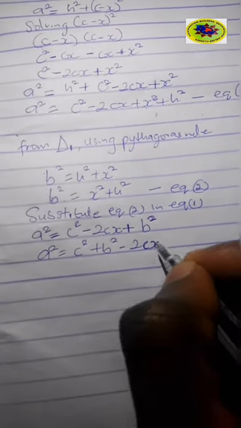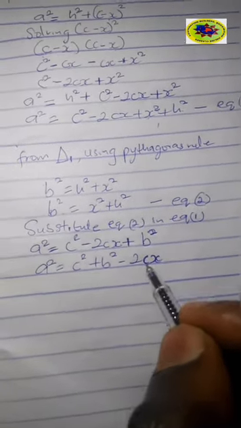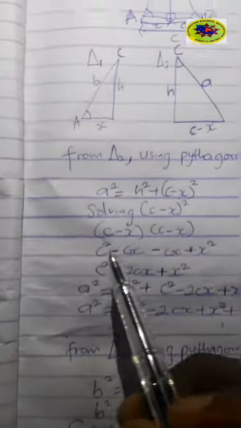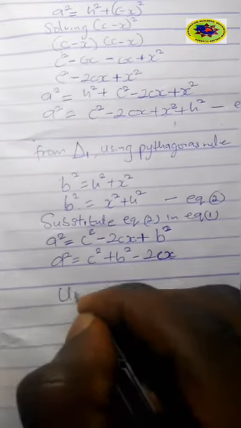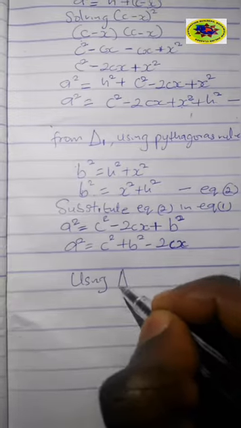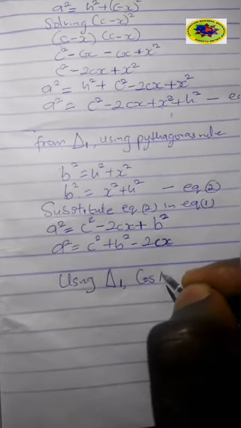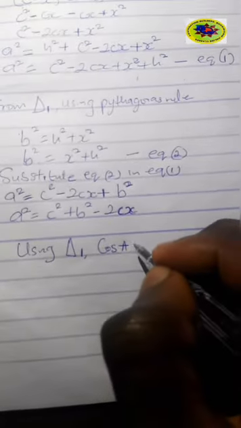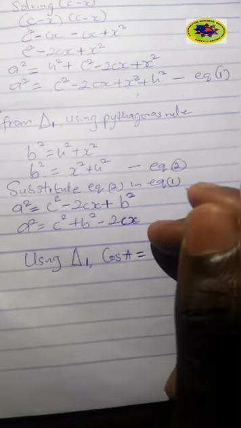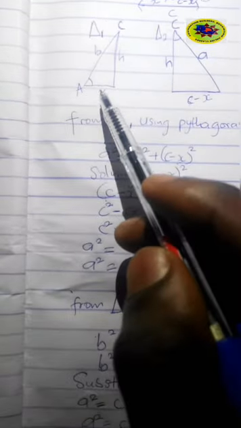Now we are almost through. Let's find the value of x using triangle 1. Cos A is equal to adjacent over hypotenuse, and the adjacent is x.